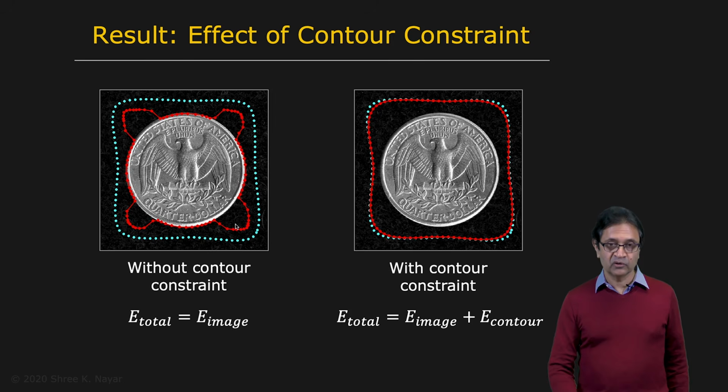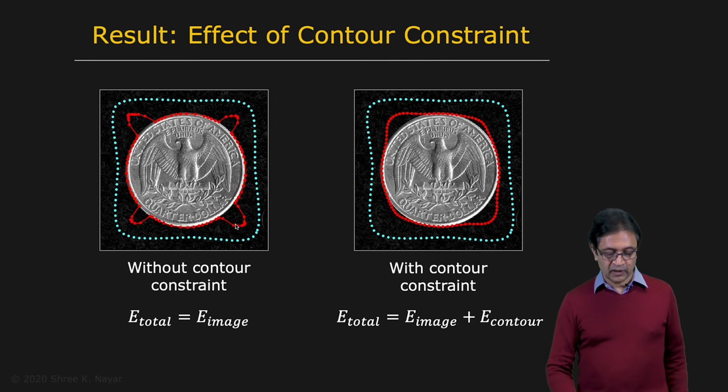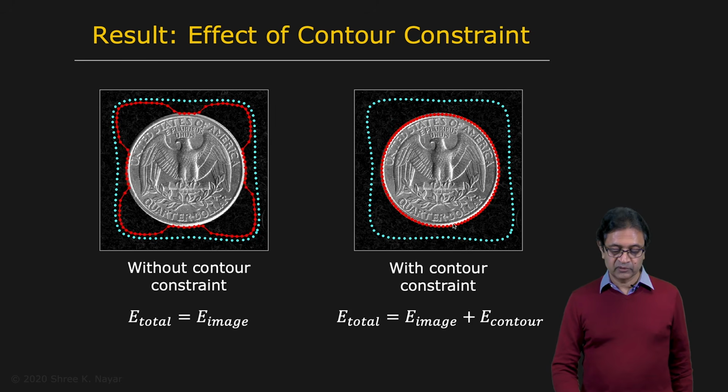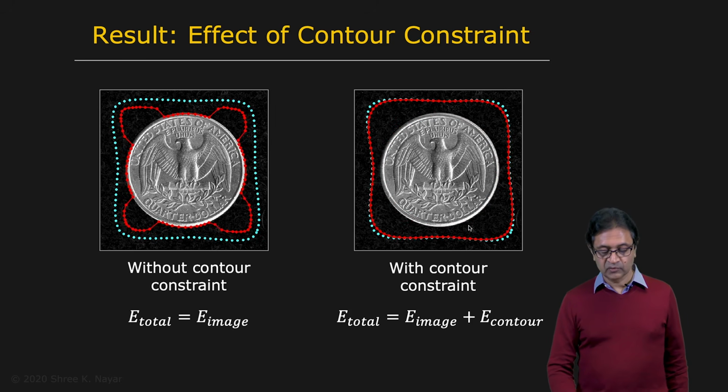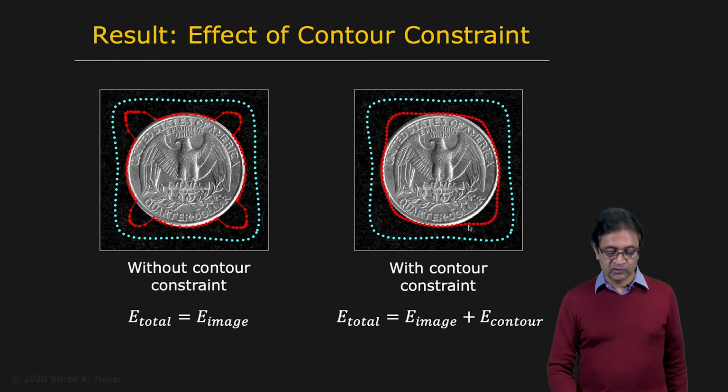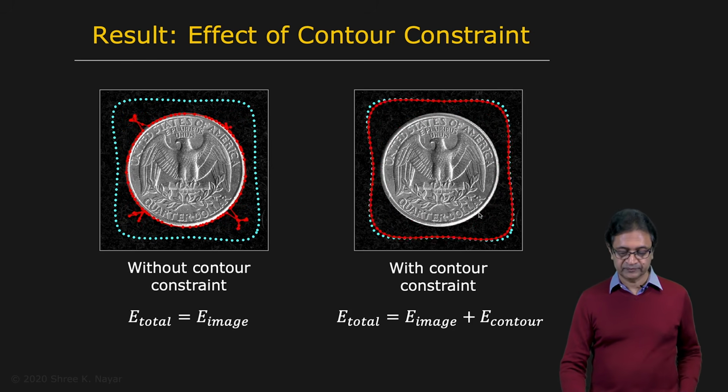That's because noise begins to pull at the contour, and it ends up getting stuck in these places. Whereas here, you end up with a very nice result. It's more resilient to noise, it's smooth, and it contracts and latches onto the boundary of the object.